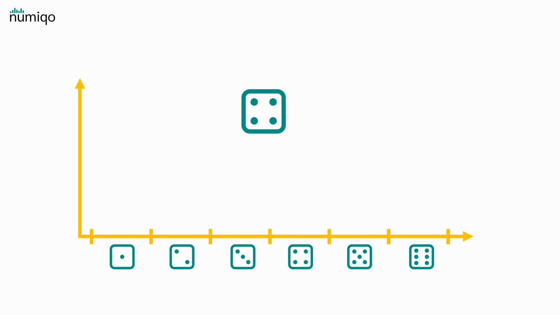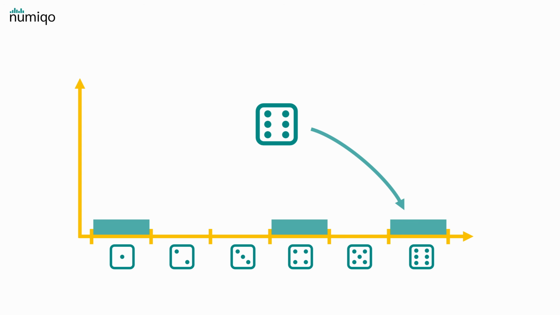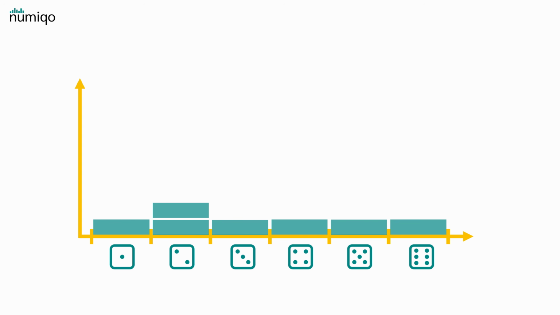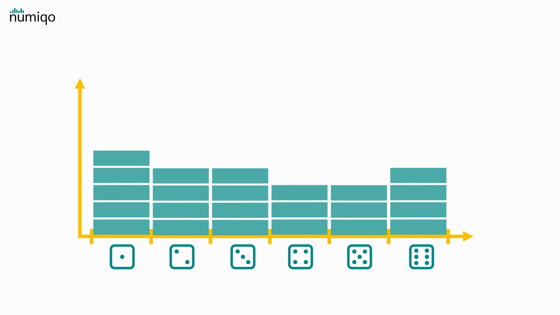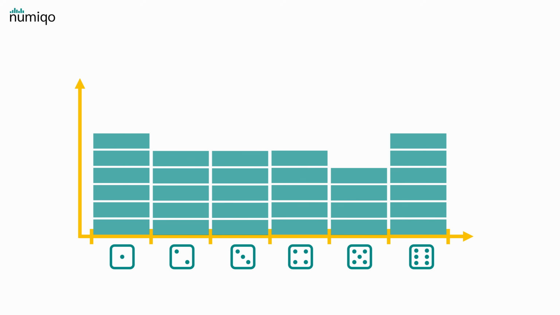So every time I roll the die, I add one small mark to the number I got. So if I repeat this many times, the small marks stack up and form a bar. Now we have a histogram or a frequency bar chart that counts how often each number appears.